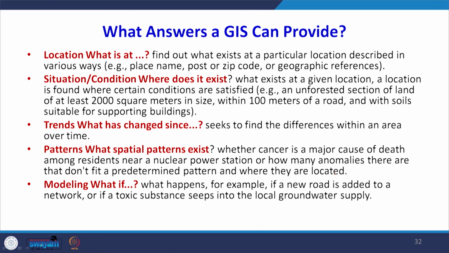I can also carry out the trend analysis, the change analysis. If I would like to know what has changed over a period of time, whether the forest cover has been converted into urbanization, I can carry out from the time series data, find out that earlier this was a forested area and see what it is now. I can carry out the pattern analysis: what spatial patterns are available?